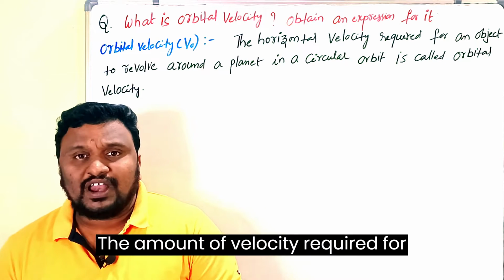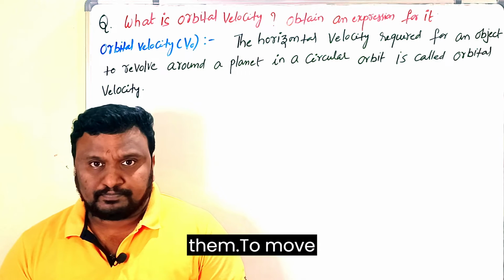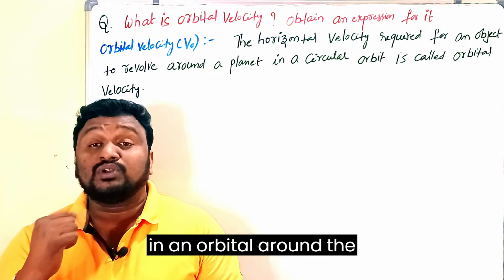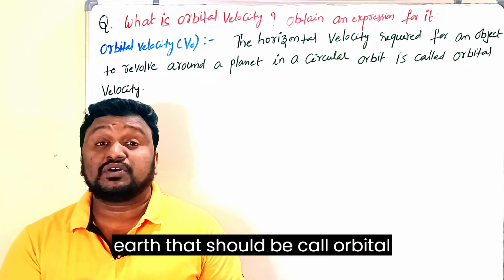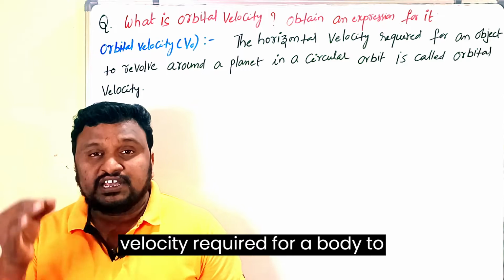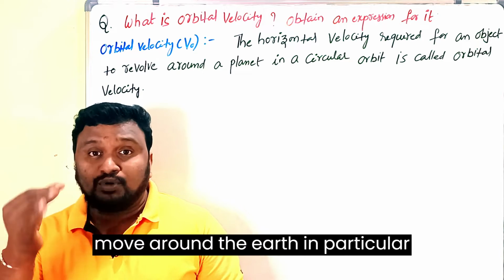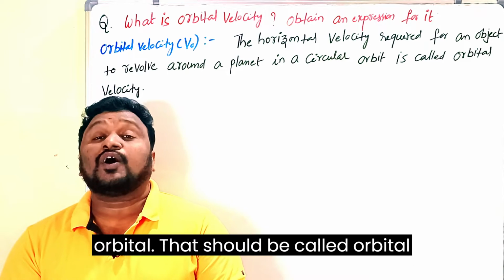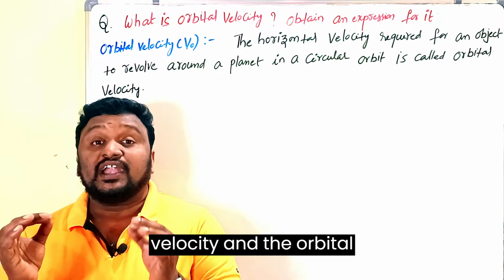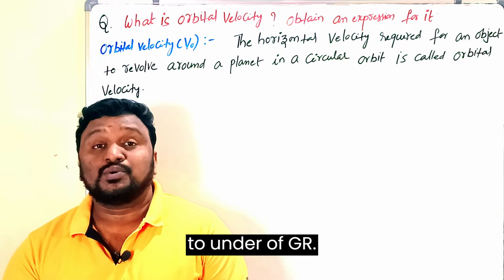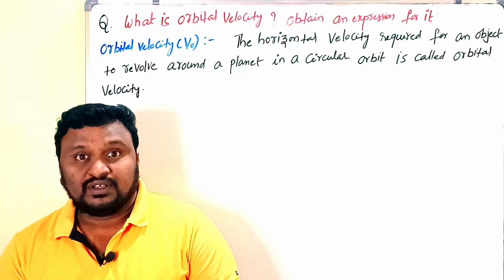The velocity required for a body to move around the earth in a particular orbit is called orbital velocity.